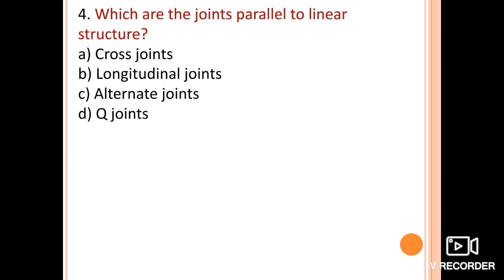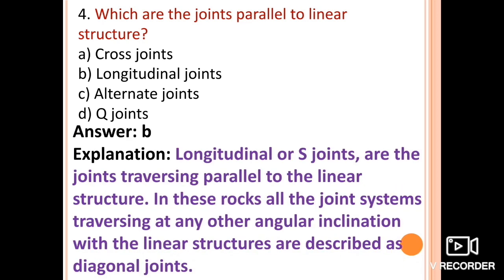The fourth one: which are the joints parallel to linear structures: cross joints, longitudinal joints, alternate joints or Q joints? These are the longitudinal joints, meaning the joints parallel to the linear structures.